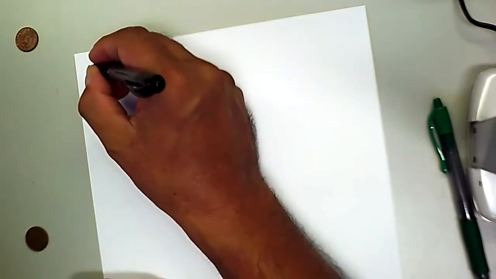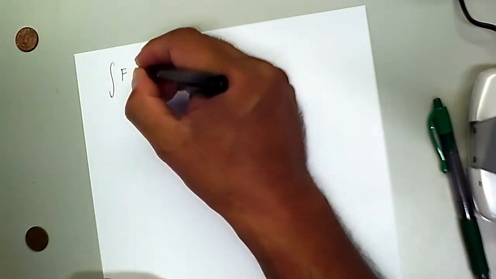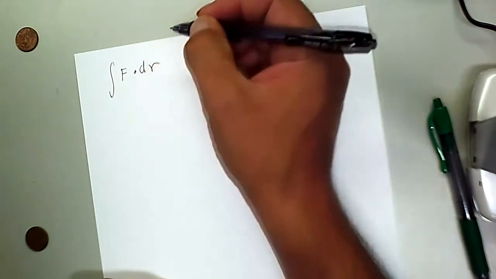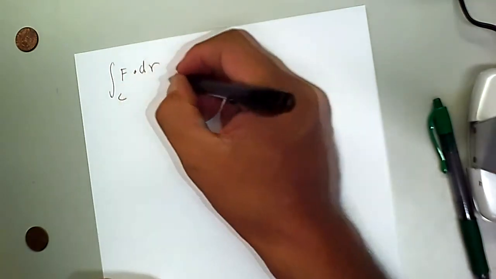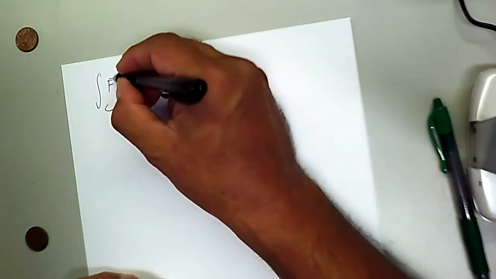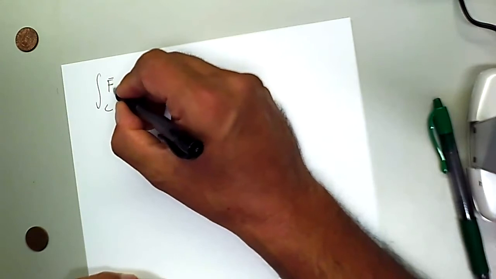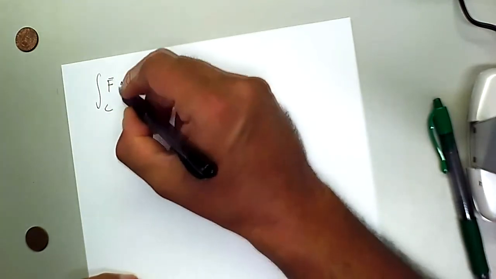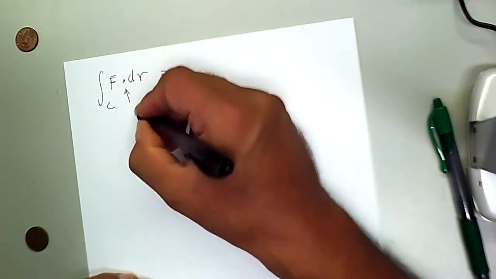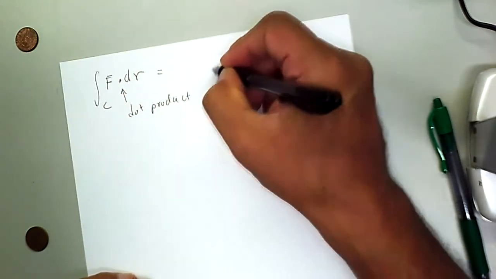So if we have F on a curve, the way we define this, now this is a capital F indicating that we have a vector field. So the output of this is a vector. And this is going to be the dot product.